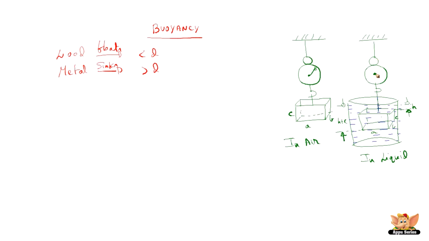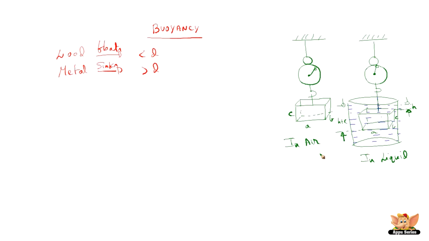So it shows a lesser weight than the actual weight. Why does it happen? The scale reading we can see in this experiment: this is the larger figure and this is the lesser figure. So from this experiment, we understand that when a body is submerged in a liquid, its apparent weight seems to be diminished compared to its actual weight.